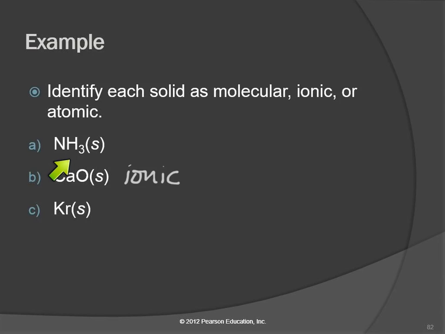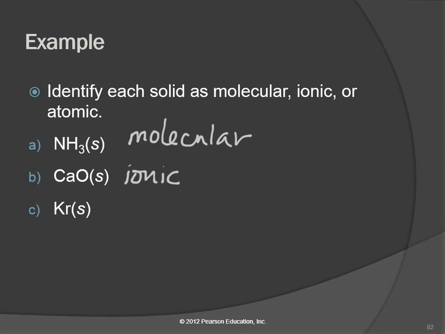NH3, does that have any metals in it? No. So it can't be ionic. Is it an element? No, because it has two different elements in it. It's a compound, right? So it's not an atomic solid. It has to be a molecular solid. It's a molecular compound, and we learn to name it using those rules.